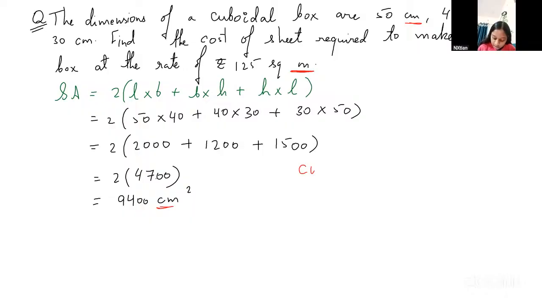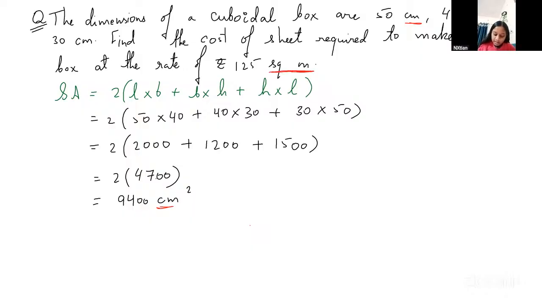Usually what we do, we convert centimeter to meter by dividing it by 1000. But here it is centimeter square and we need square meter.